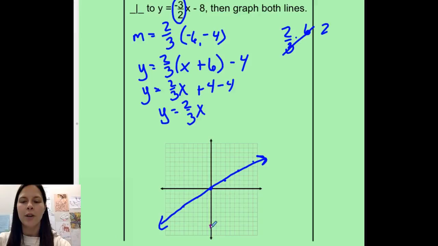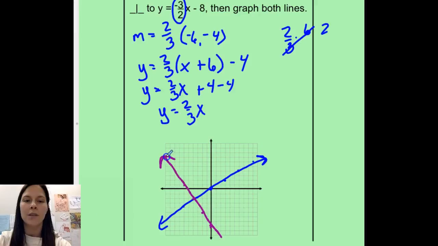I don't have room to fall 3, so I'm going to rise 3, but that means I'm going to go left 2 so that I still get that negative slope. Once again, those lines should meet at what appears to be a right angle. If not, check your work.